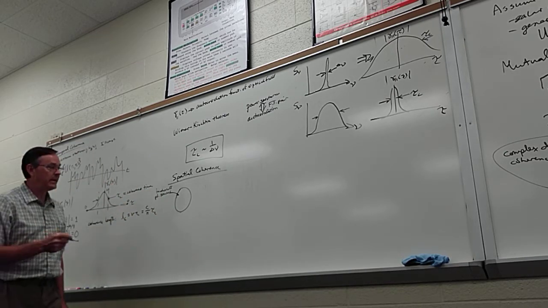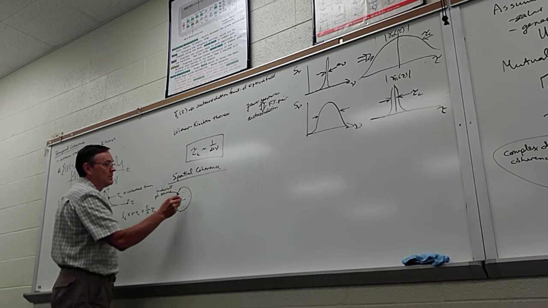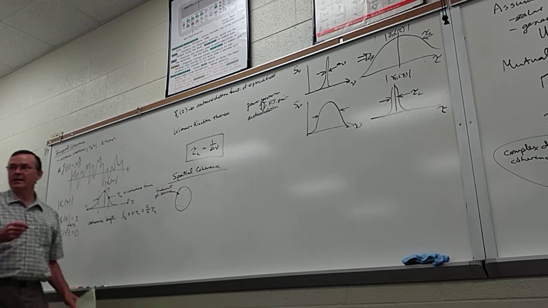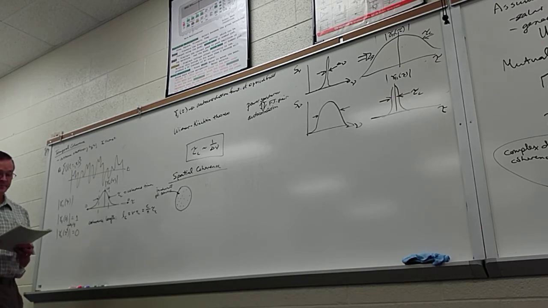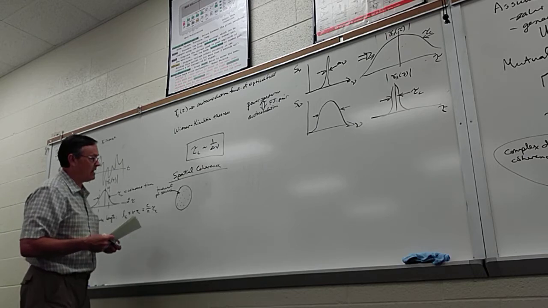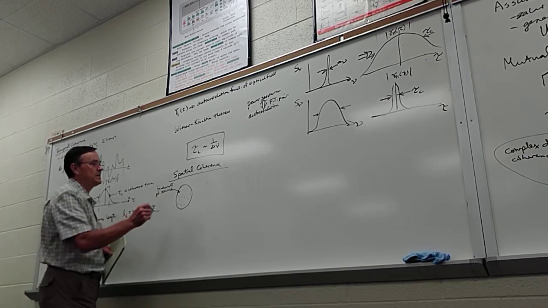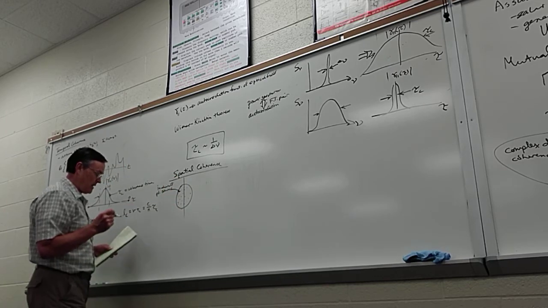Which just means that every source here is emitting with a different random phase compared to every other. And these could be monochromatic sources, but I'm going to leave that unspecified for now.